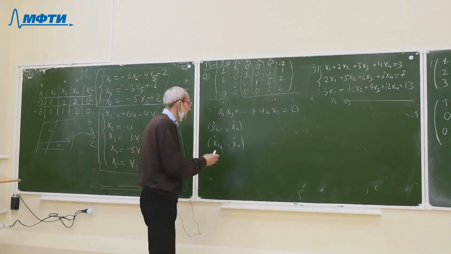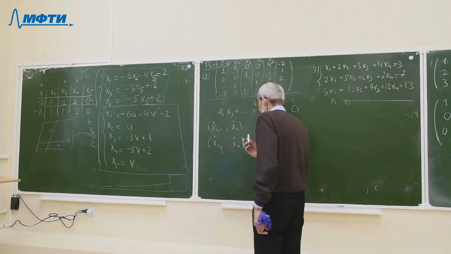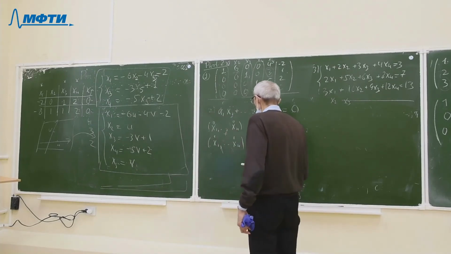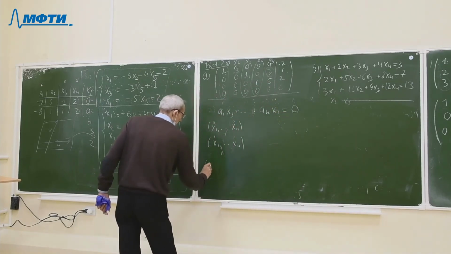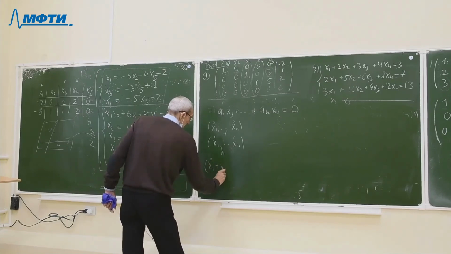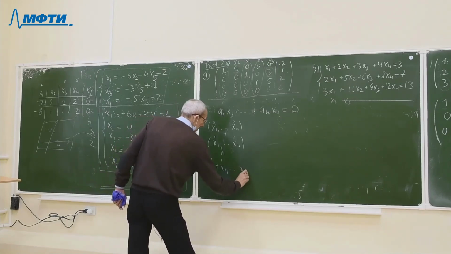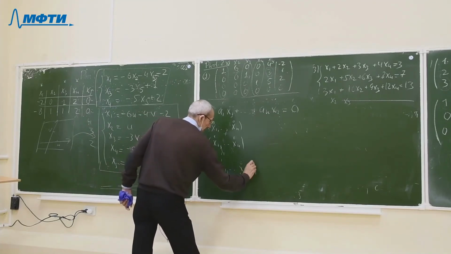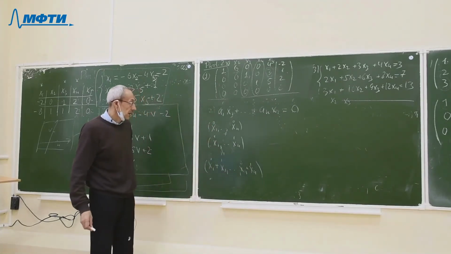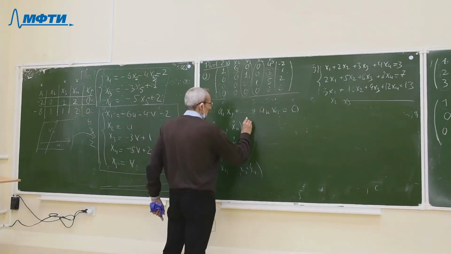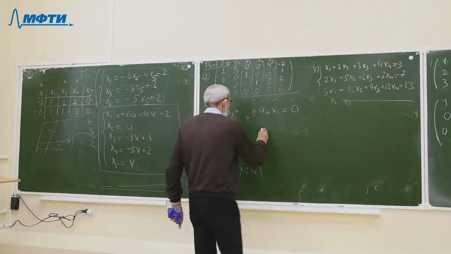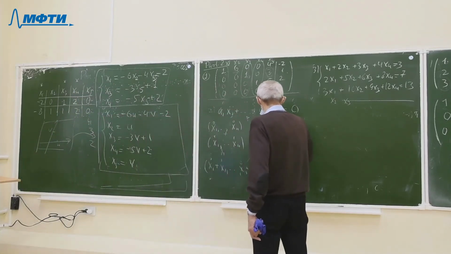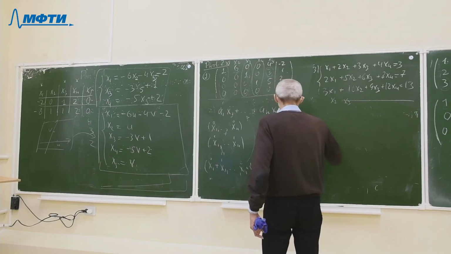Easy to see that the sum of these vectors is the vector which has the coordinates x1^0 plus x1^1, and so on. In this case, this vector is the solution of our linear system. Easy to see, we obtain the following expression.